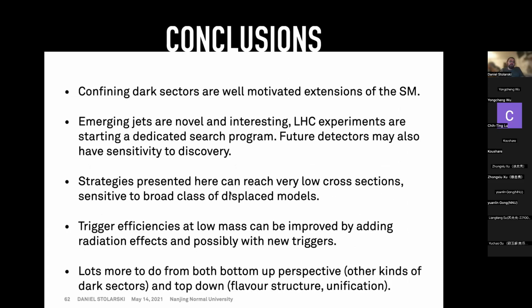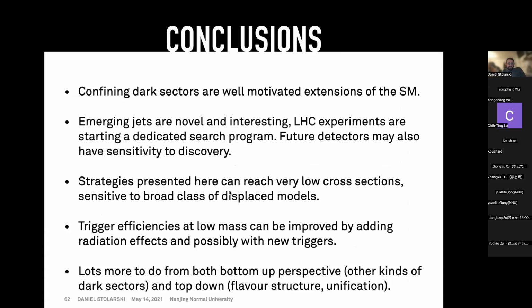All right, so let me conclude. Confining dark sectors are well-motivated extensions of the standard model. Emerging jets are novel and interesting, and LHC experimentalists have started a dedicated search program. Future detectors may also have sensitivity to discovery. The strategies can reach very low cross sections and are sensitive to a broad class of displaced models.